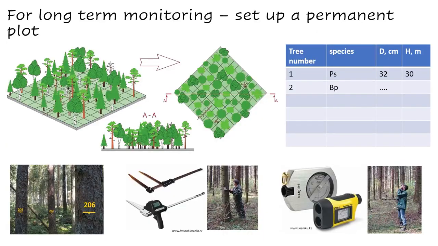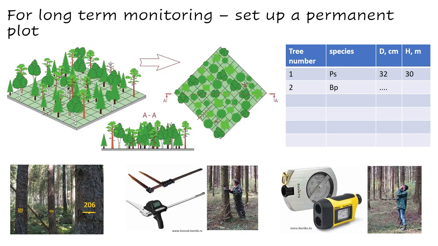If you are dealing with long-term monitoring, you have to set up a permanent plot. It also could be 200 square meters, but in reality for forested sites, we prefer larger. We prefer 400 square meters.